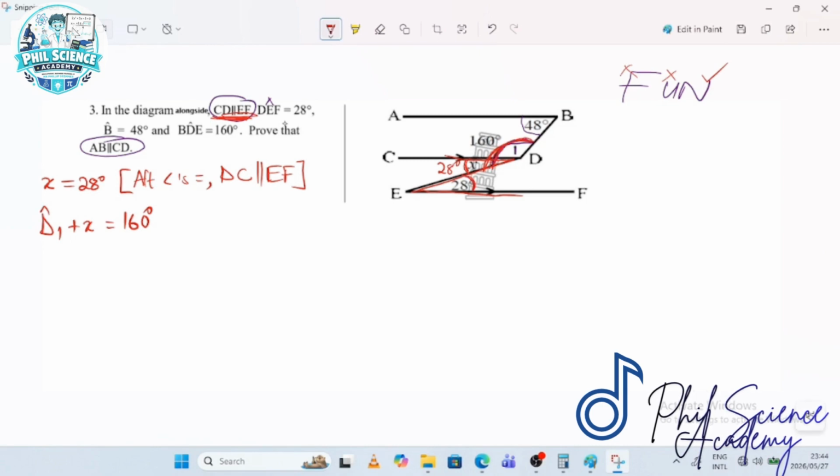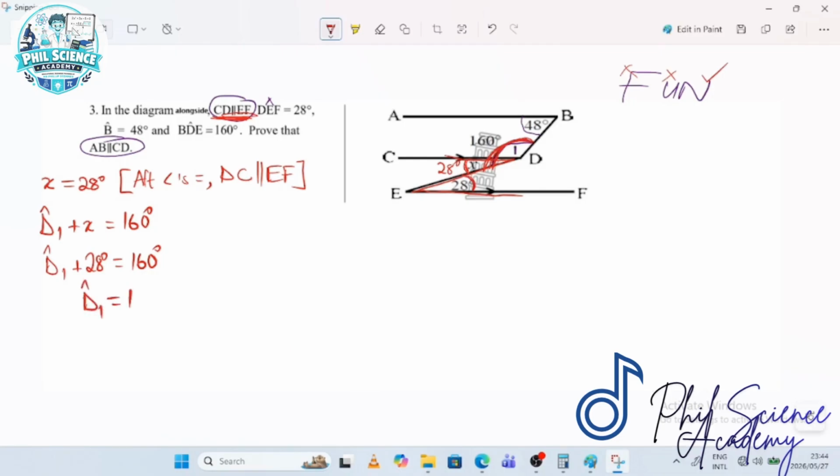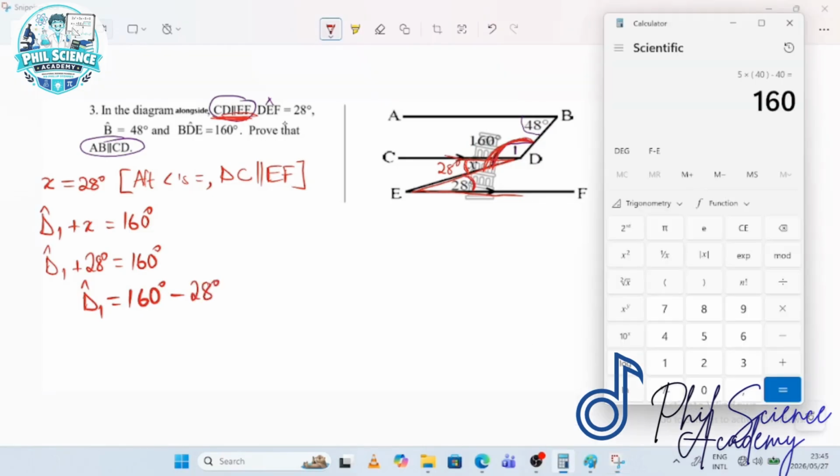So now, we already found X, so we'll say D1 plus our X, which is 28 degrees, is equals to 160 degrees. And then we'll take this 28 to the right hand side, giving us D1 is equals to 160 degrees minus 28 degrees, right? So punching 160 minus 28 gives us 132.